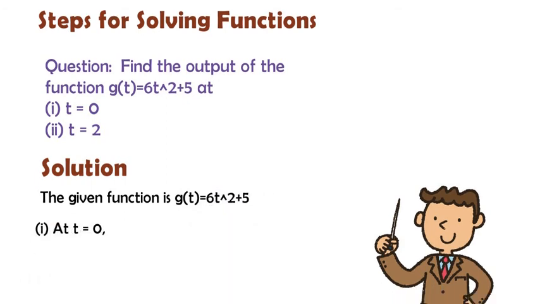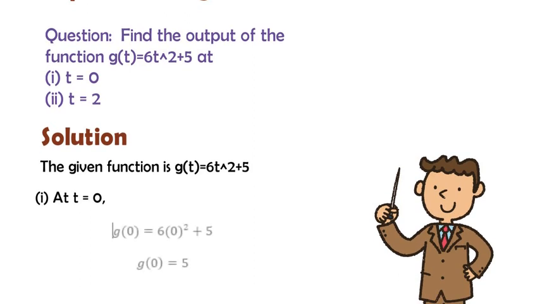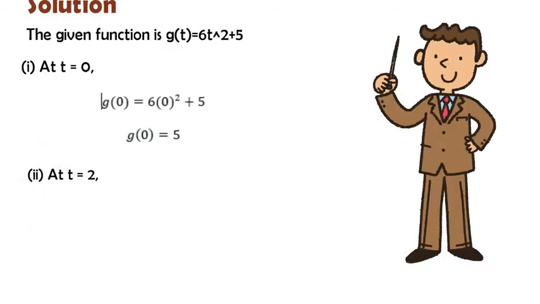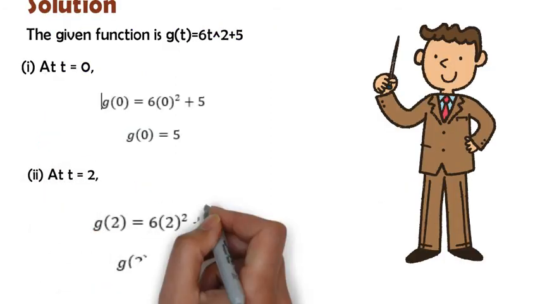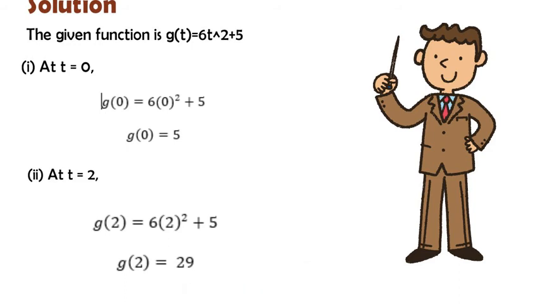At t equal to 0, we have g of 0 equals 6 times 0 squared plus 5. G of 0 becomes 5. At t equal to 2, we have g of 2 equals 6 times 2 squared plus 5. We have g of 2 equal to 29.